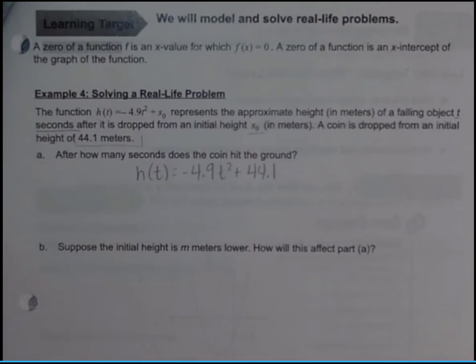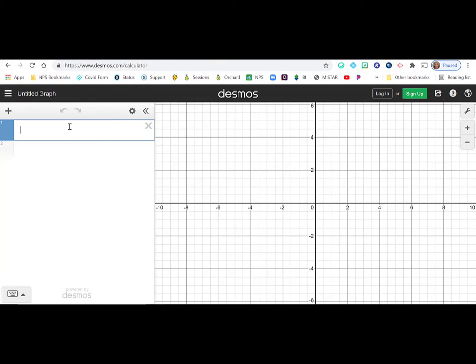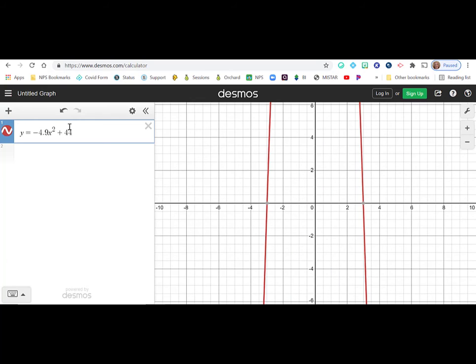So what I'm going to do now is graph this on Desmos. So I've got y equals negative 4 and 9/10 x squared plus 44.1.